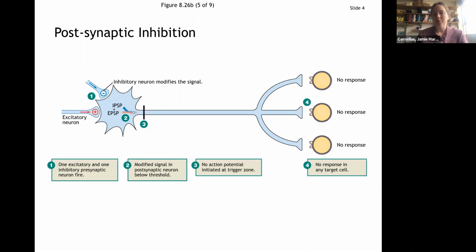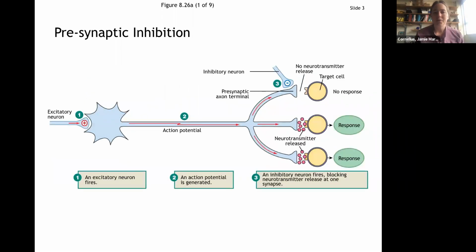And therefore, all three of those target cells that are waiting for a signal from this neuron are not going to have any signal occur. So you fully prevented a neuron from reaching any of its target cells. That's postsynaptic inhibition, essentially suppressing the graded potential, not reaching threshold.